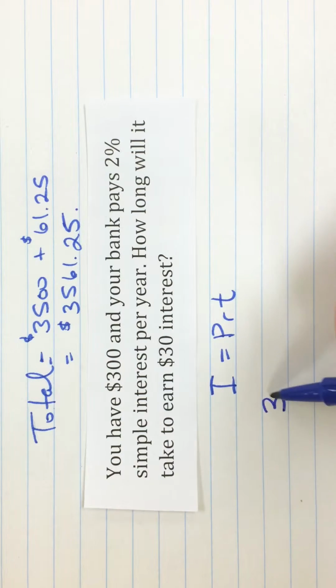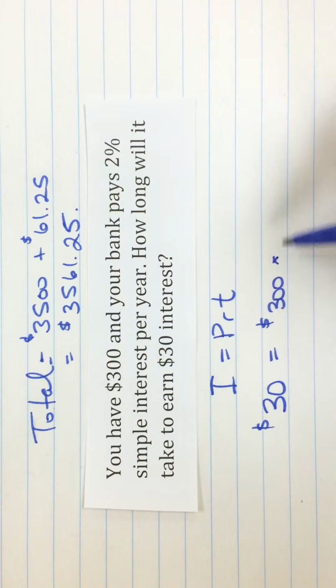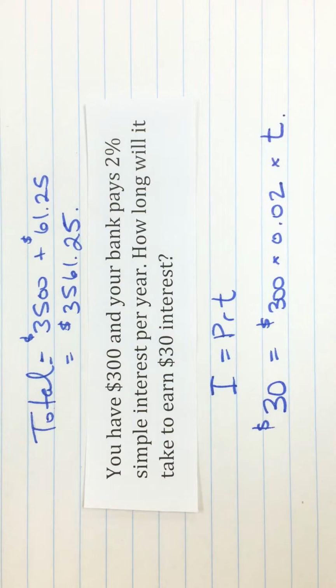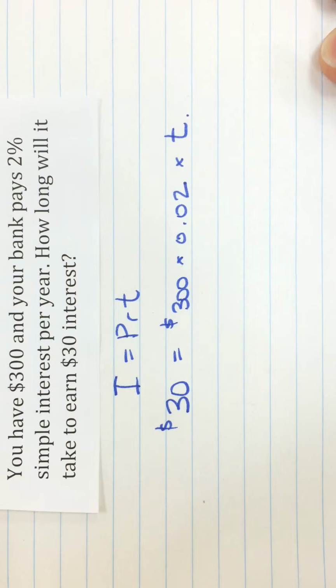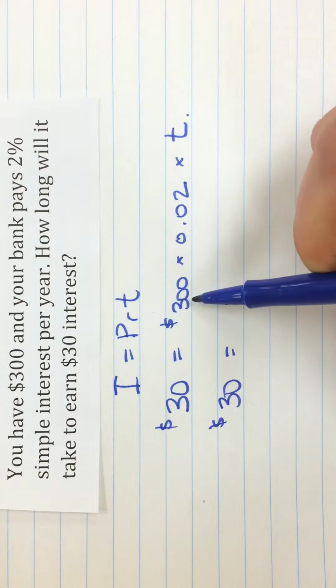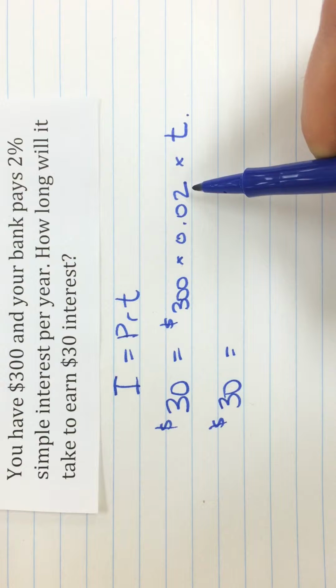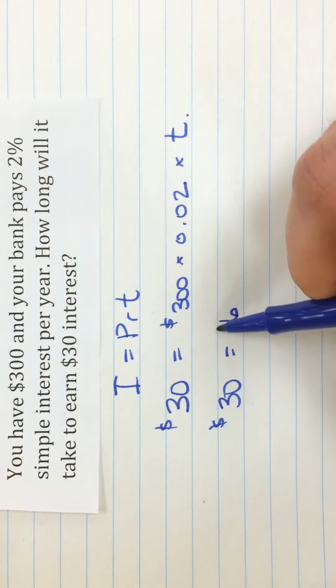Okay, so $30 goes over here. The principal is $300. The rate is 0.02. And time, I don't know yet, and I need to figure that out. Okay, so 30 on this side is 300 times 0.02. 300 times 0.02, that's 6.